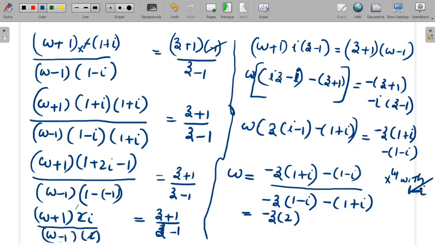So I am going to multiply with (1 minus I). While you do this, you should do it in the denominator, every term in the denominator as well as in the numerator. So minus of (1 minus I) square is minus 2I, and here minus Z into (1 minus I) square, which is minus 2I. Then minus of (1 plus I) into (1 minus I) is 2.